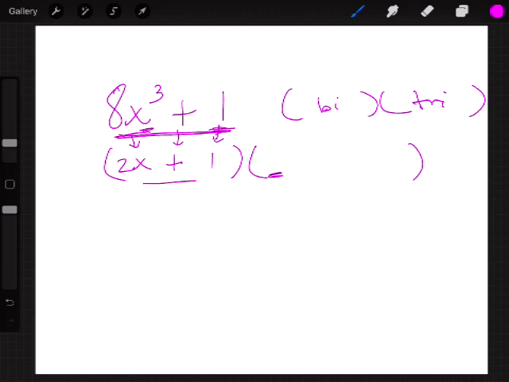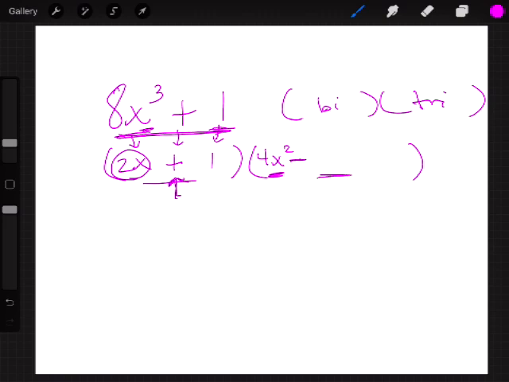To get the first term, you take the first term of the binomial and square it. So that would be 4x squared. Then the sign that goes next is the opposite of whatever was in the binomial. So if that was a plus, this one's going to be a minus.